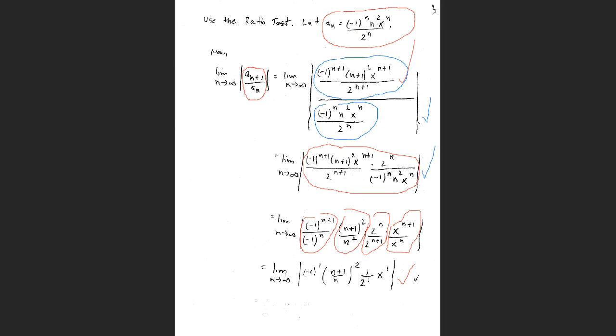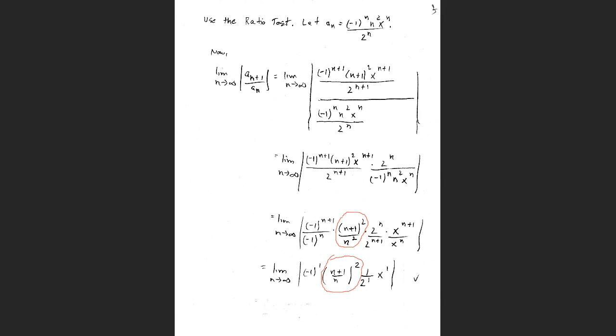Wait, did you just put the n and the n+1 as the same term and then just squared the whole thing? That's right. For this part here, n+1 squared over n squared, that's the same as this. Think of it this way.